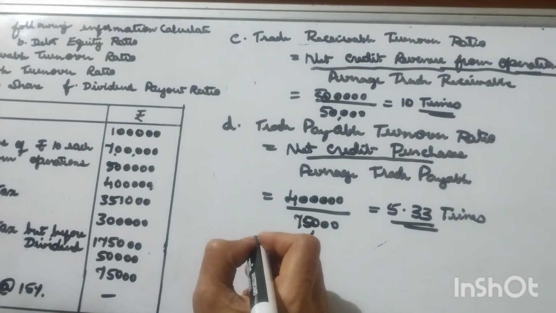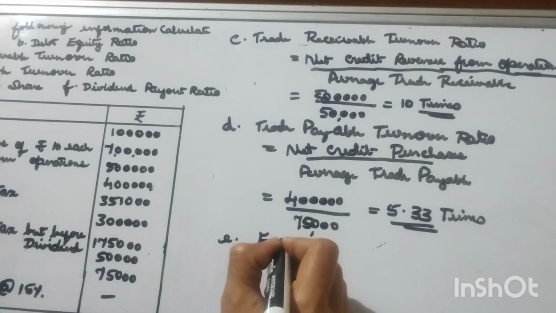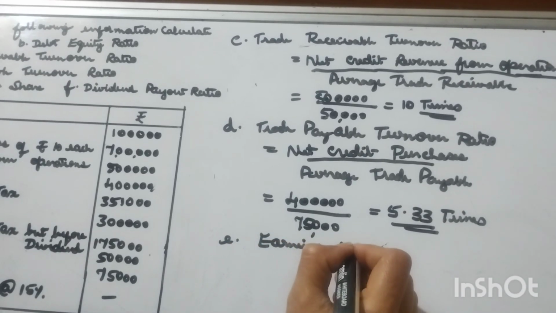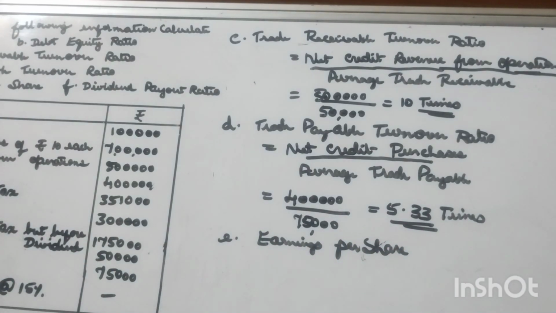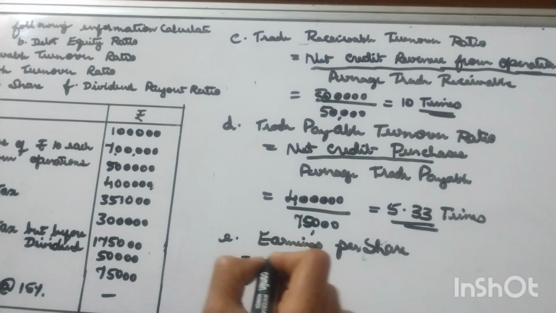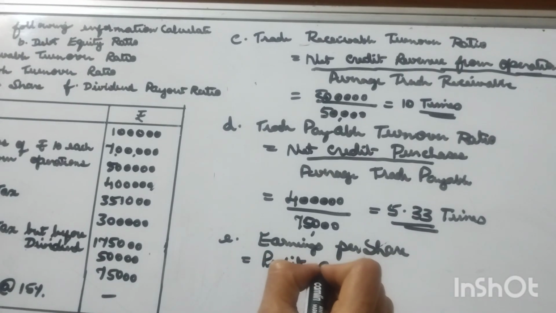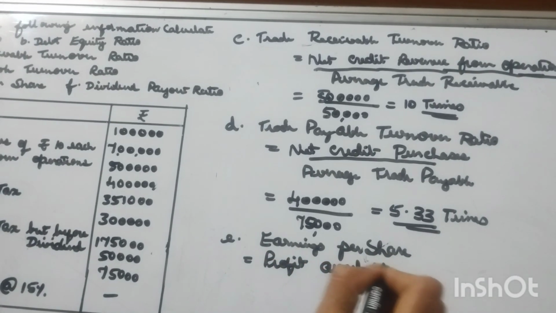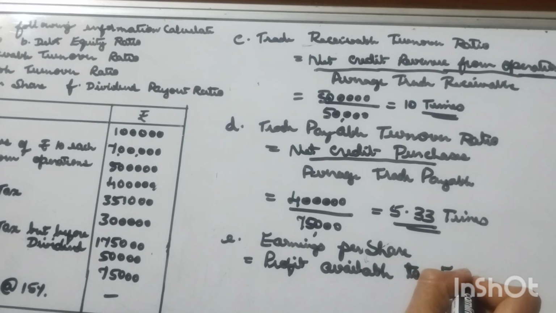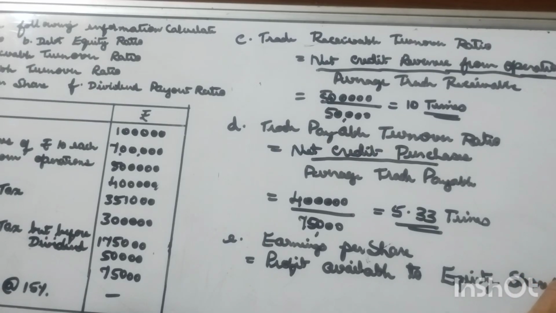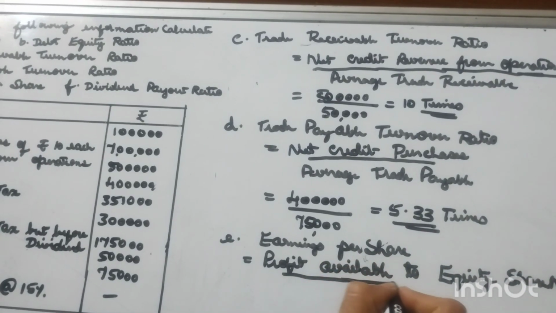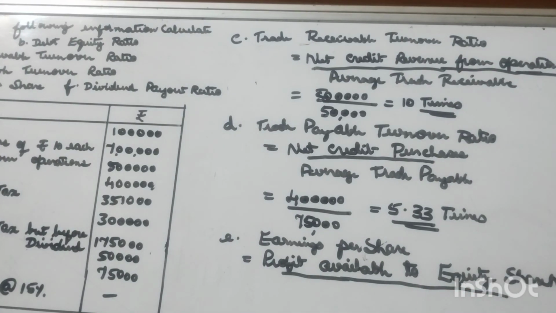Next, earnings per share. The formula for the calculation of earnings per share will be profit available to equity shareholders divided by number of equity shares.